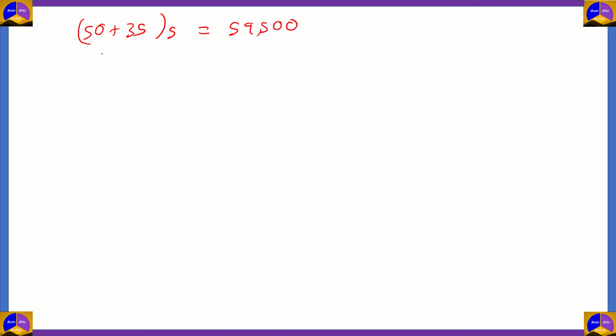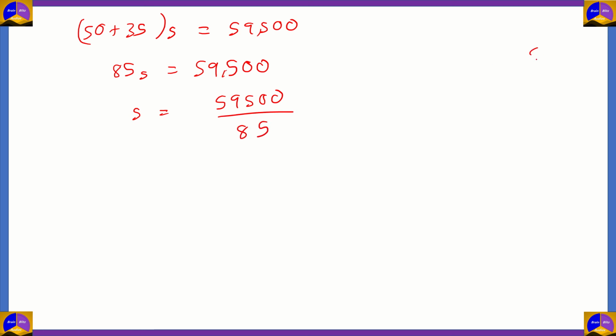Now, 50 plus 35 gives you 85. So 85s is equal to 59,500. So finding s is basically 59,500 over 85. Let's do 595 over 85.